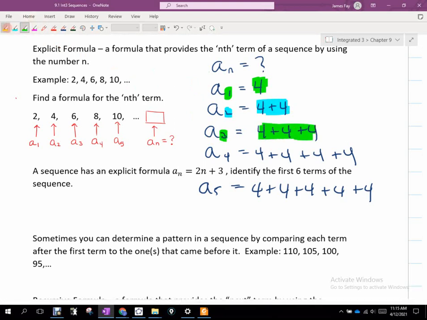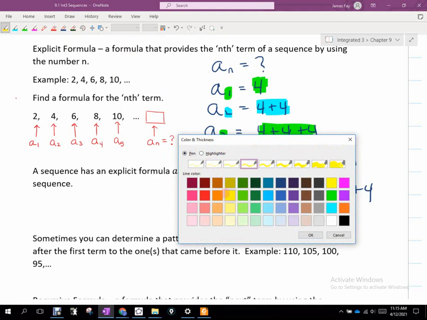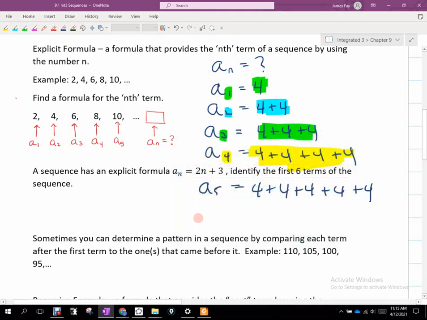It's the same, right? Okay? And adding the same thing over and over again is repetitive addition, which we say is multiplication. So if I want to find a to the nth, okay, it's 4 times what?